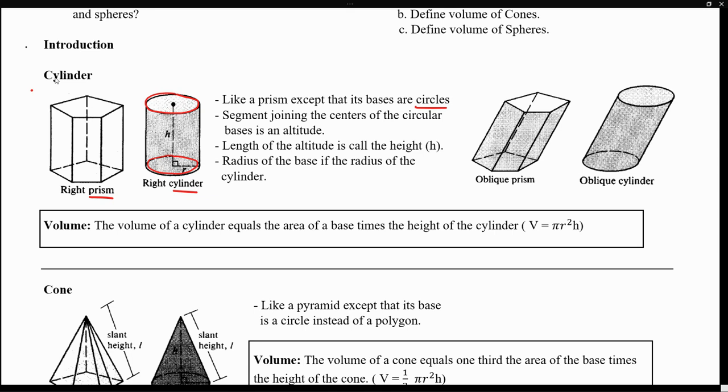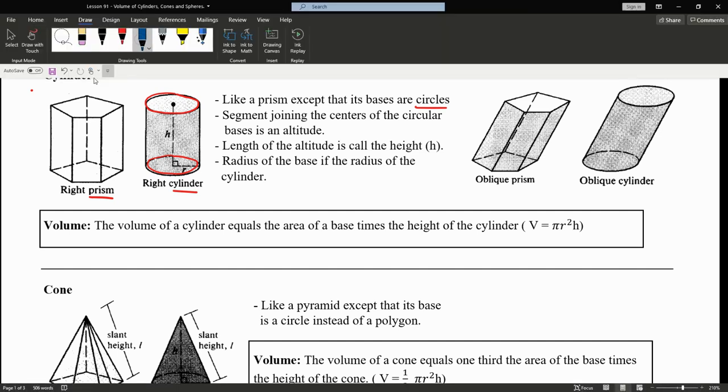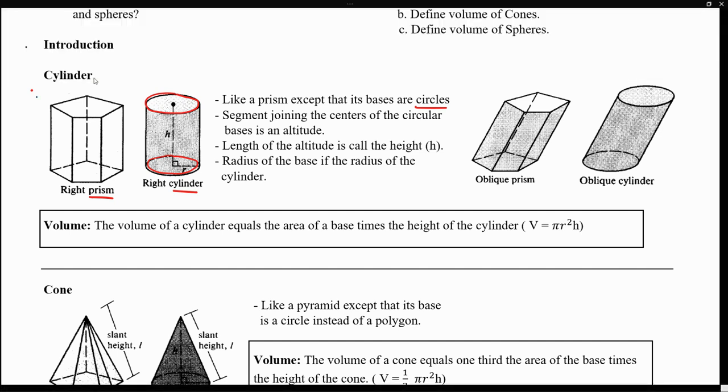The segment joining the centers of the circular bases is what we call the altitude. The altitude of a cylinder is found by taking the center of the upper base and the center of the lower base and connecting those two points.